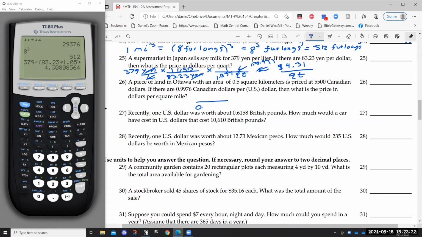Half of a square kilometer is down here, and it wants the 5,500 CAD here, Canadian dollars, and there's 0.9976 Canadian dollars to every one US dollar.